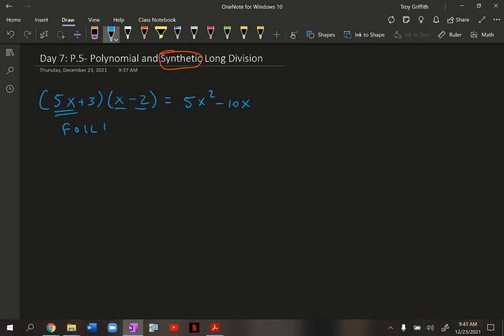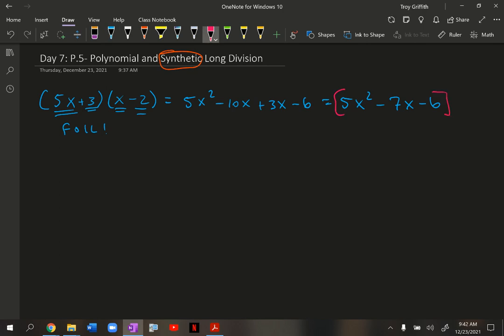That's negative 10x. Inside, 3 times x. That's plus 3x. And then last would be 3 times negative 2, which is a minus 6. Altogether, this becomes 5x squared. Combine those two inside terms, this would be minus 7x minus 6. Okay, so I feel pretty confident about that. So I know that if I were to multiply those two things together, here's what I would get.